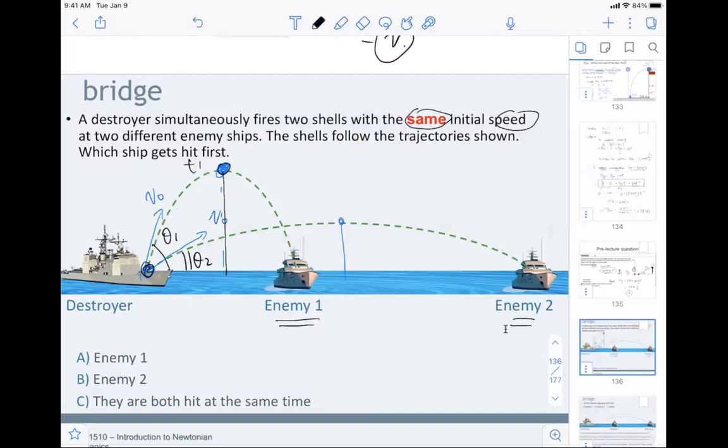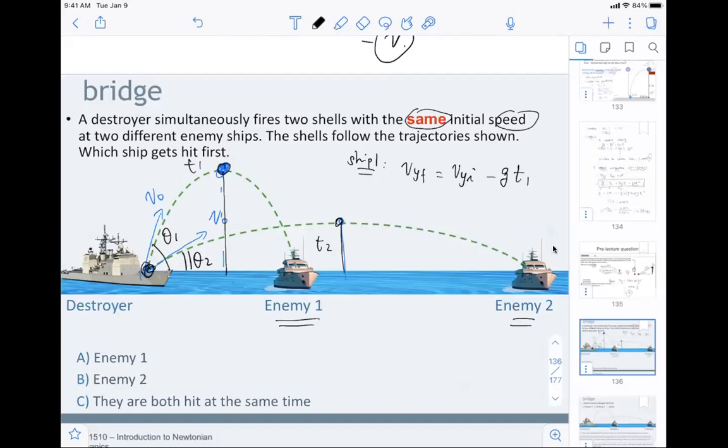From here to here, the time is T2. So during those times, for target 1, the velocity in the Y direction is Vy final equals Vy initial plus acceleration, which is negative, since I'm defining positive to be upward, times T1.